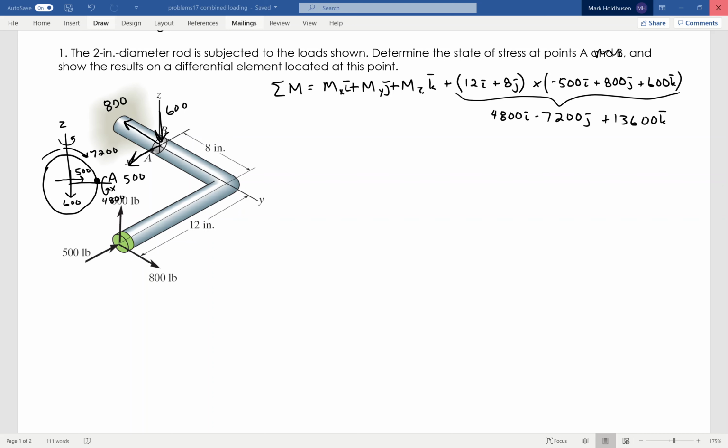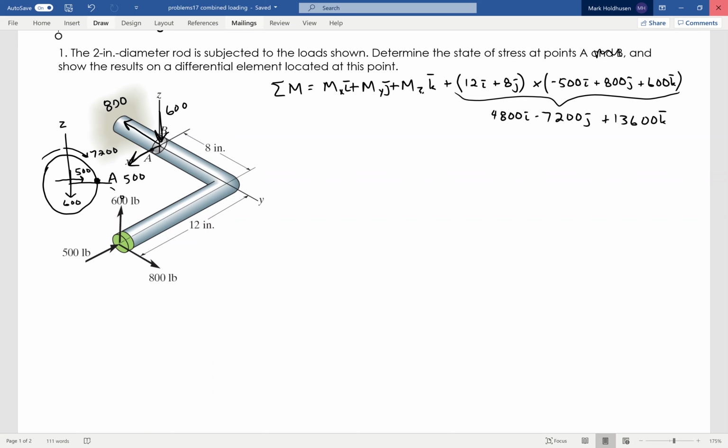Actually, never mind. I think what I'll do here is we'll talk about those as we get to them. But I do have a moment about the x-axis and the z-axis, and we'll get to those in just a second. I think it's easier to talk about those when we get to them, which I suppose we're going to get to right now.